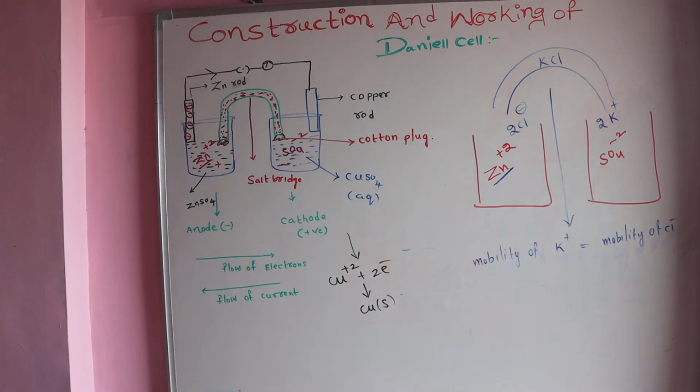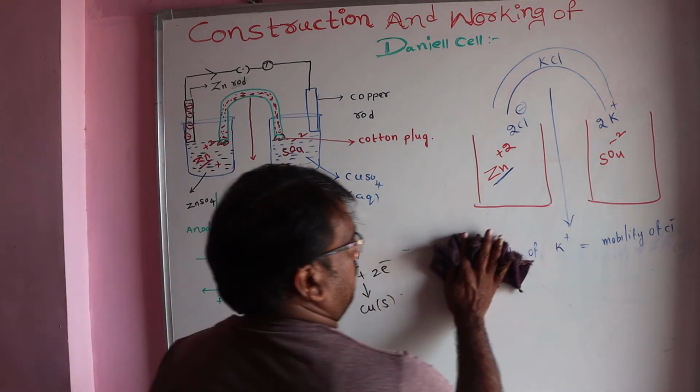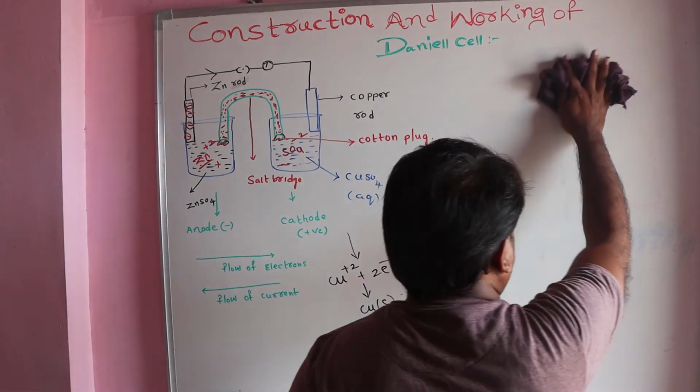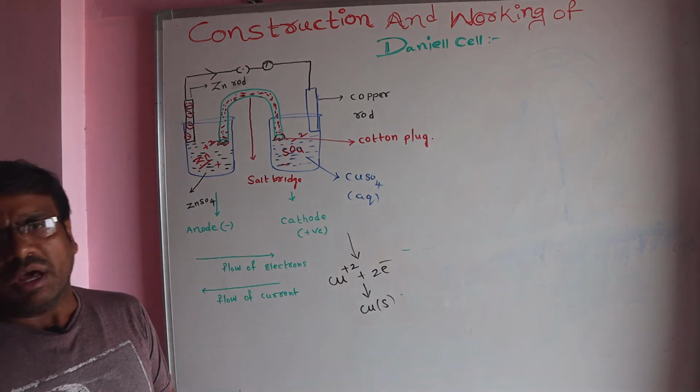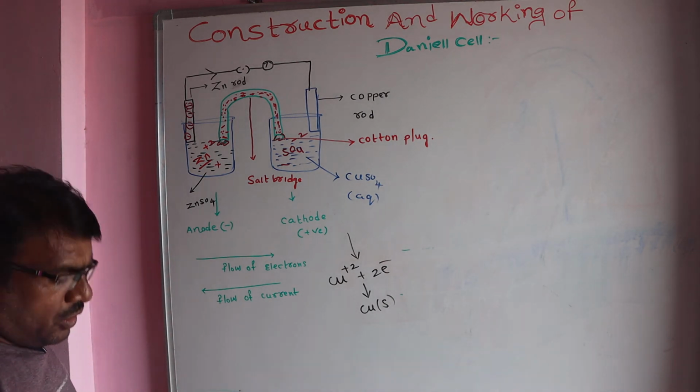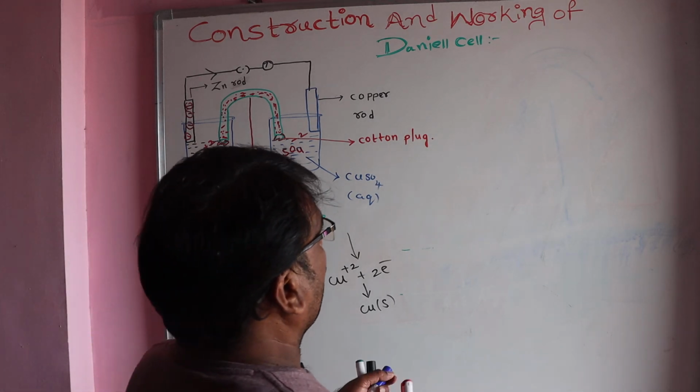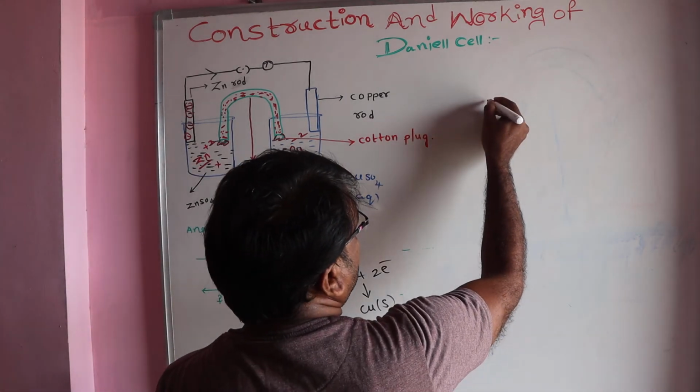Now let us see the cell representation of the Daniell cell. How are we going to represent the cell? To represent the cell, we have to follow some rules.